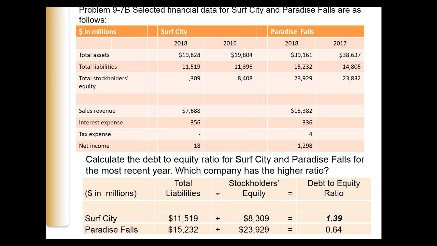Calculate the debt to equity ratio for Surf City and Paradise Falls for the most recent years. Which company has the higher ratio? So the debt to equity will be total liabilities divided by stockholders' equity. As you see here, Surf City's debt to equity is 1.39. Paradise Falls' debt to equity is 0.64.